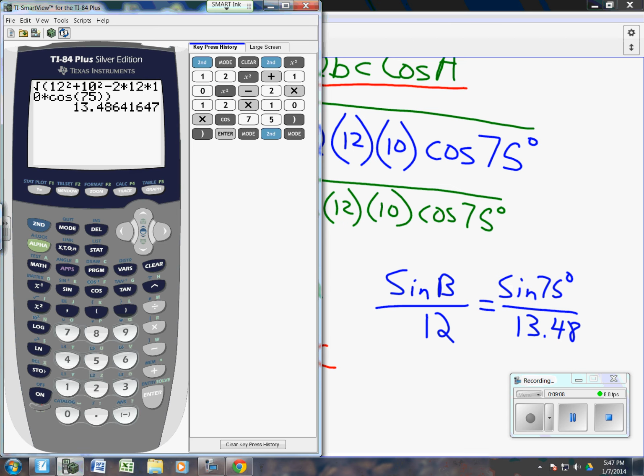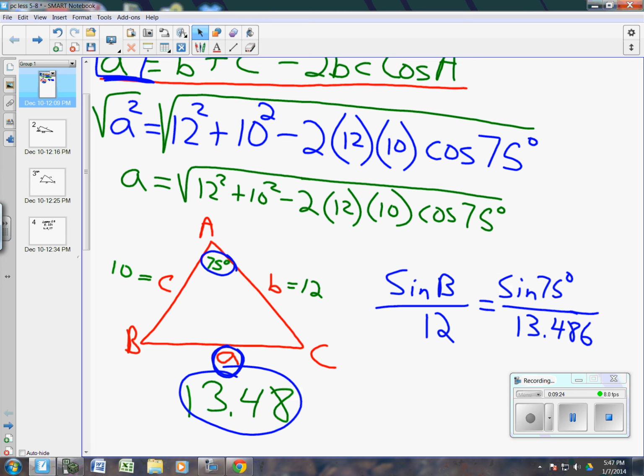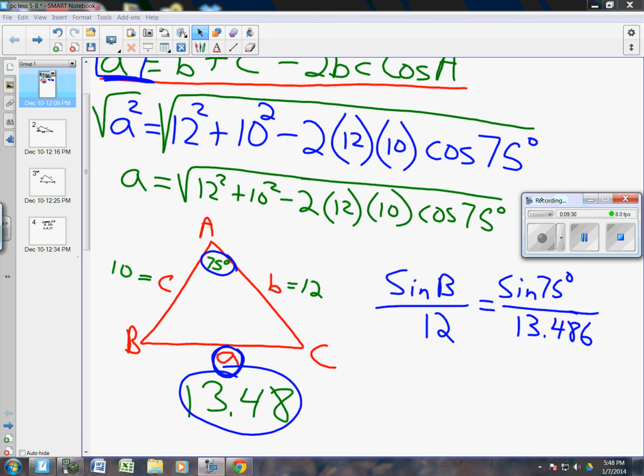I'm going to check my calculator again to see. That was 0.486. So I'm going to take it out to 0.486 just so we're a little more exact on the answer. So 13.486, rounded to 3 decimal places, and I'm going to solve that by multiplying both sides by 12.